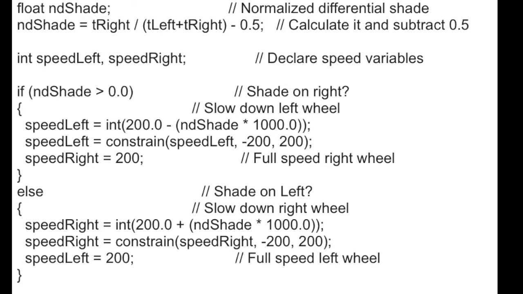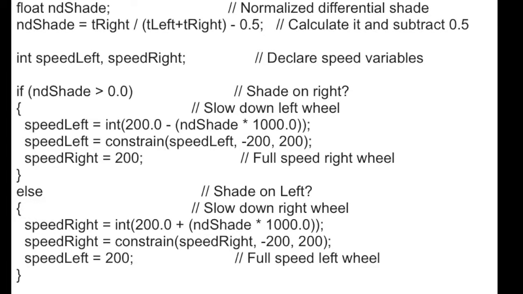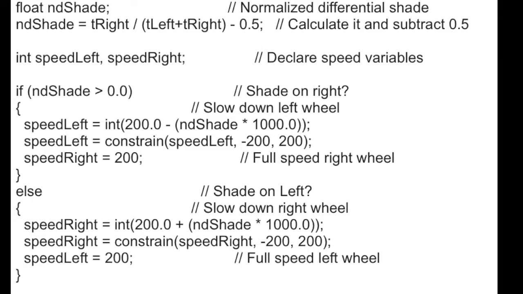It's only to the opposite side, and the ND shade in this section will be negative, which after being multiplied by 1000 will turn out to be a negative number, so the speed of the right wheel will decrease, and the speed of the left will stay at 200, which makes it turn right. There's also a constraint section to limit the ND shade values to make sure it is working.